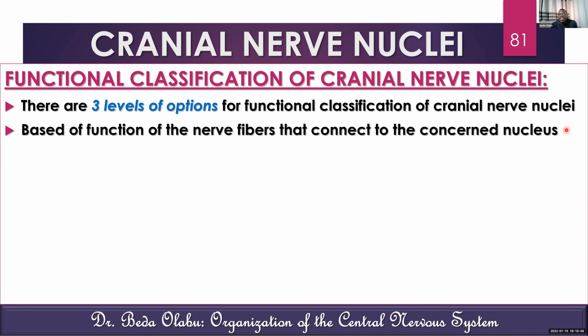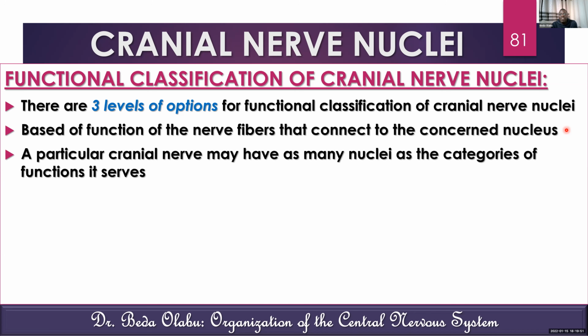And as we've seen, a particular cranial nerve may have multiple functions. If a cranial nerve has multiple functions, then expect it also to have multiple nuclei, because each nucleus tends to have a specific function.